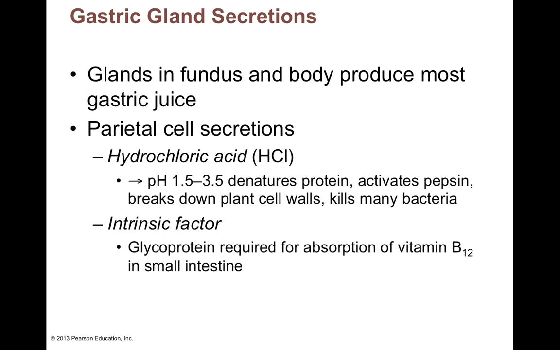Think about it. Vultures can eat roadkill on the side of the road, and it might have been baking in a hot sun for the last couple days. And they can just go over there and start picking at it. They take off little bits of it, and they can eat that rotten food, no problem. You're thinking, how the heck do vultures not get food poisoning, right? Well, they have super acidic stomachs. Now, ours aren't as acidic as a vulture's stomach, but we can still kill off a lot of bacteria with the stomach acid, which is good.